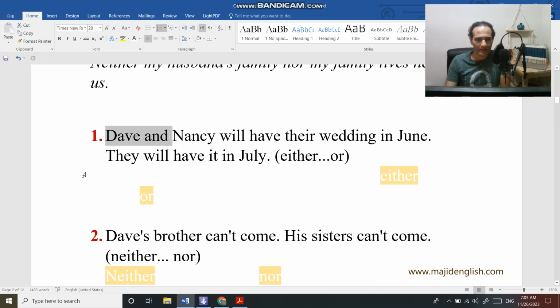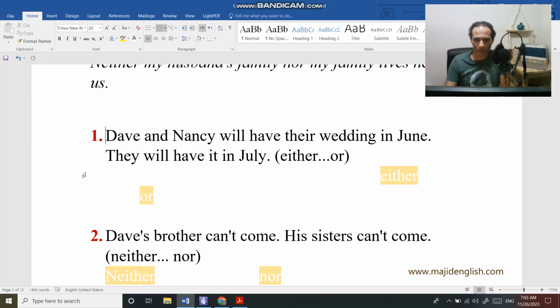Dave and Nancy will have their wedding in June. They will have their wedding in July, either or. So we find similarities in both sentences. Dave and Nancy will have their wedding here. They will have their wedding. So these are all the similar elements in the two sentences.